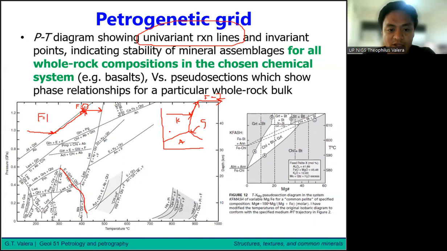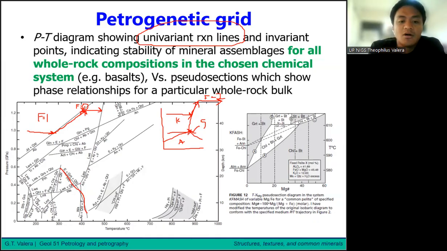But what if yung rock natin intersects yung invariant point na to? So pagdating niya dito sa invariant point, you now have 3 phases, kyanite, sillimanite, and andalusite. So F equals 0. Okay?